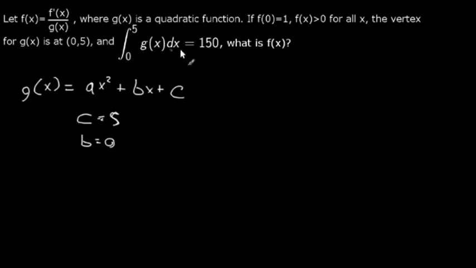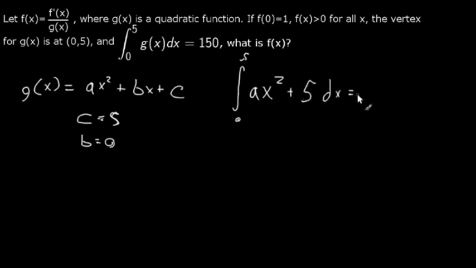That's why this integral right here exists. So we know the integral from 0 to 5 of g of x is equal to 150. Let's try to actually write this down and see what happens. So the integral from 0 to 5 of ax squared plus c, which we already know is 5.